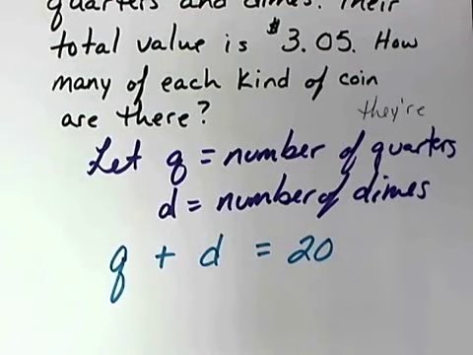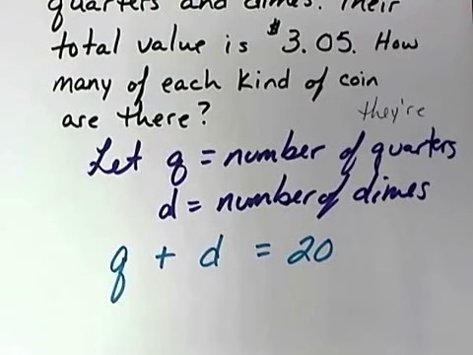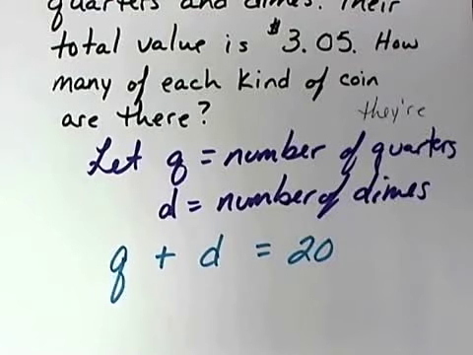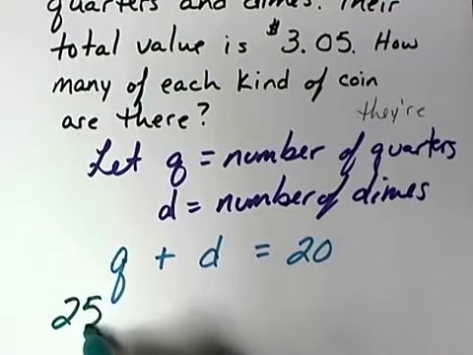Once again we need to assign the value to our quarters and dimes, like we did with the children and the adults in the play problem. What's the value if the number of quarters I have is 3? How do I find that value? Well, we take that times the 25 cents that it's worth. I don't really like dealing with decimals, so I'm going to say that the quarter is worth 25 cents.